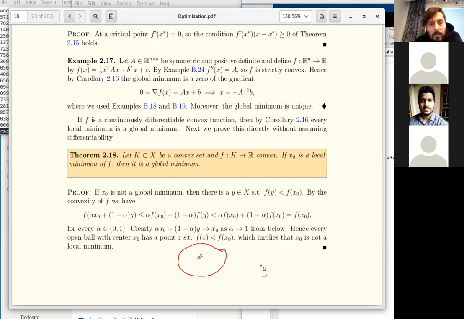But because it's convex, when we move from x0 to y, the function must go down and then up. If it's smaller at f of y, then even if we move just a little bit, the function should be smaller than at x0. But that's definitely not true because we assume this is a local neighborhood of x0 in which the function is greater than or equal to the value at x0. So it's a contradiction. It must be a global minimum.